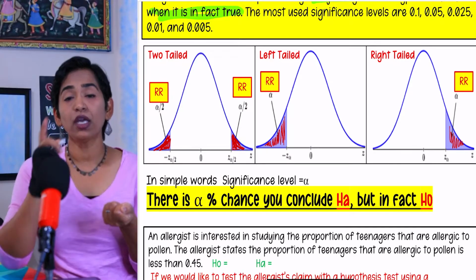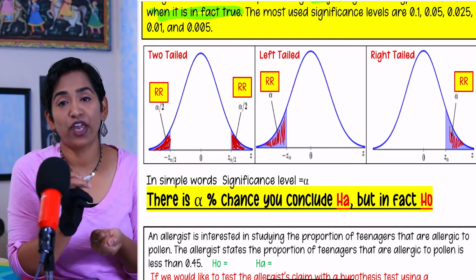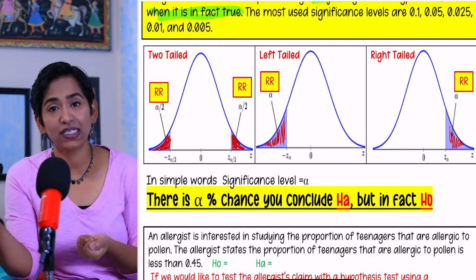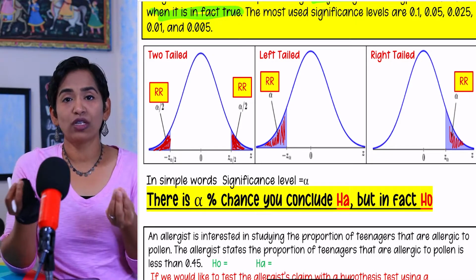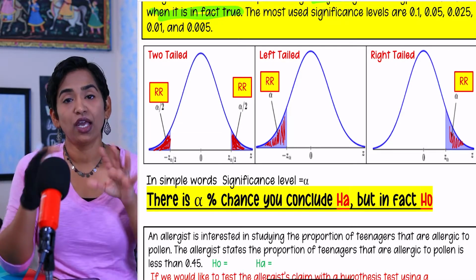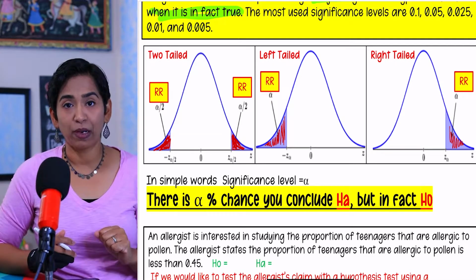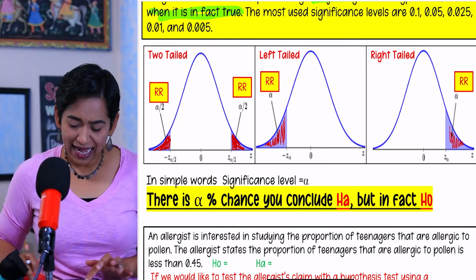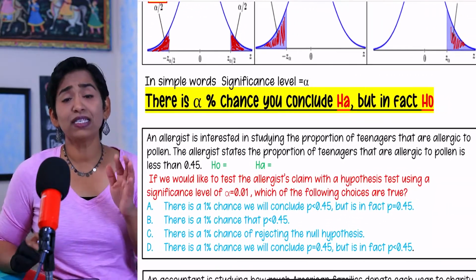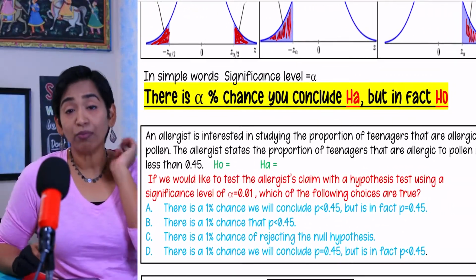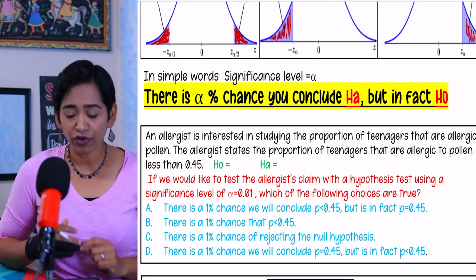Always keep in mind, you only talk in terms of H naught. Either you reject it or you fail to reject it. So if your test statistic falls in the rejection region, you reject your null hypothesis. Now let's take a look at it in simple terms. I highly recommend you write this down on your note card.